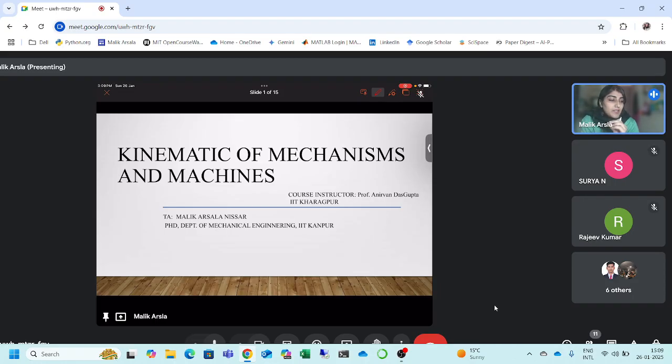You see here three words: kinematics, mechanisms, and machines. So, can someone explain what a mechanism is? Anyone? No one wants to say? What do we refer to by a mechanism? You must have studied during the week.